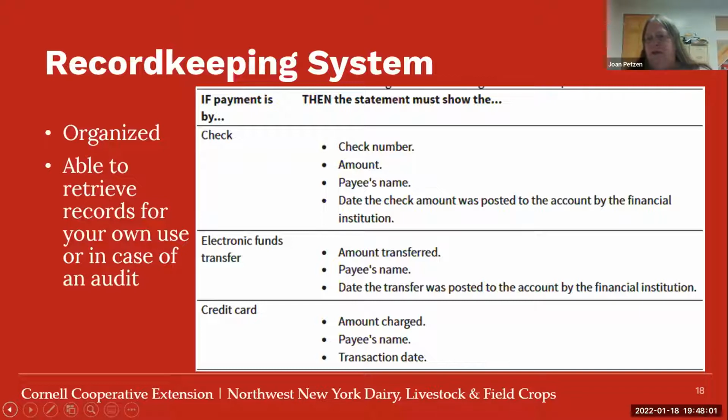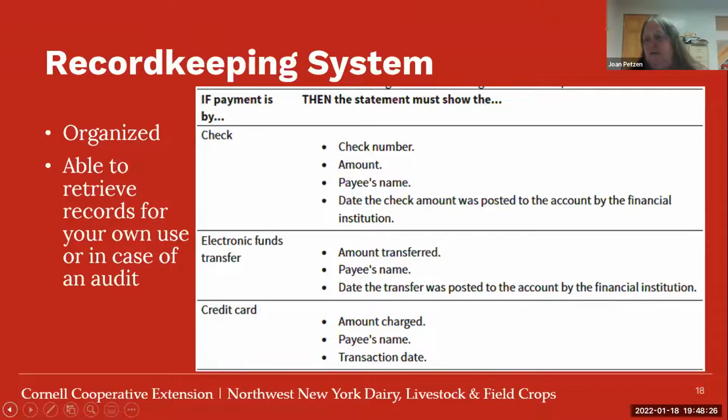You're going to buy some row cover, some seeds and some hand tools. You will need to keep that receipt that shows that you purchased those items. And then if you paid by check, within your bookkeeping system they need this information referenced.